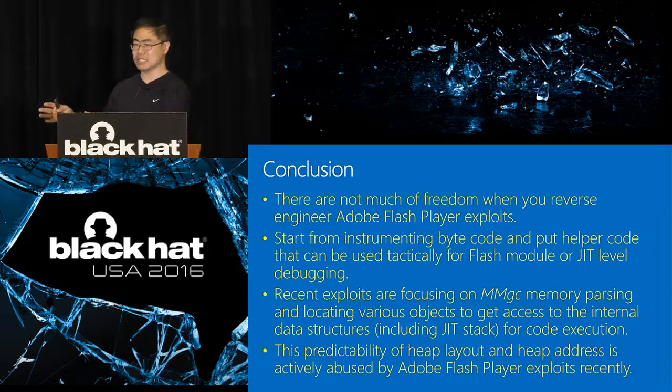Something is happening inside the JIT level, but it's just x86 assembly code, and you need to figure out how it relates to the bytecode level. In that case, bytecode instrumentation helps a lot, because you can put a helper function into a specific method you are interested in. Then you can use that as a trigger or marker to debug into the native level code.